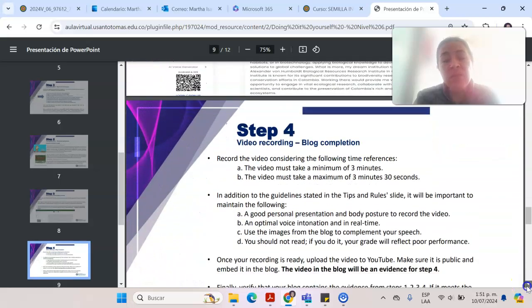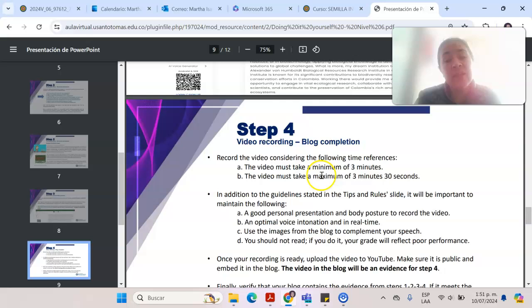Let's continue. Step number 4, please don't forget that the minimum in terms of duration is 3 minutes and the maximum is 3 minutes and a half. In general, at least we need to complete 3 minutes, please. Okay, you need to record with optimal voice intonation.